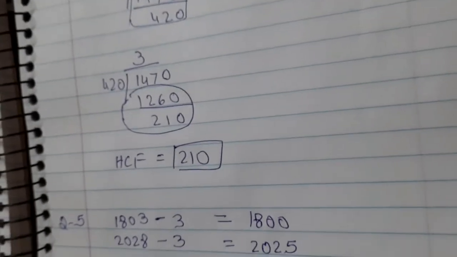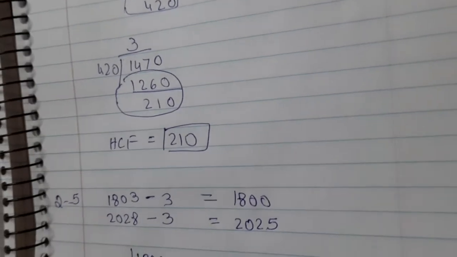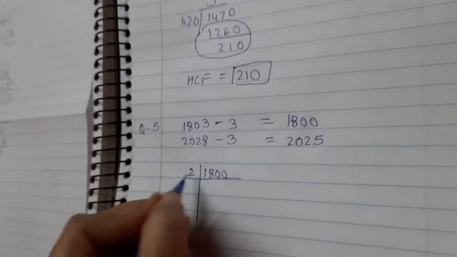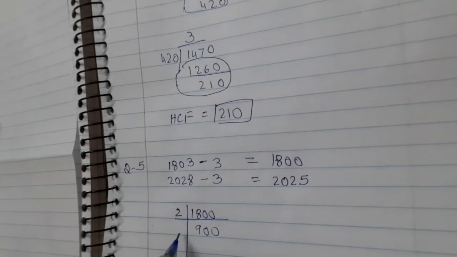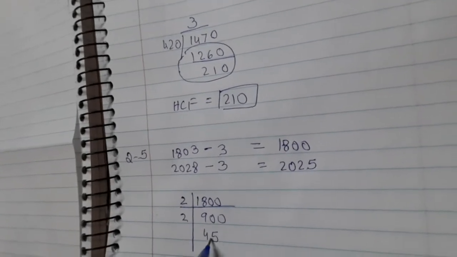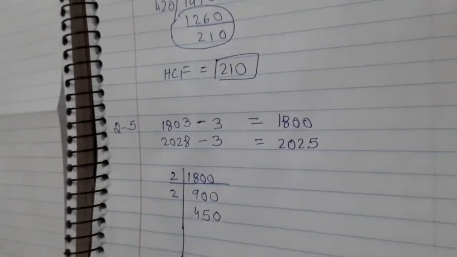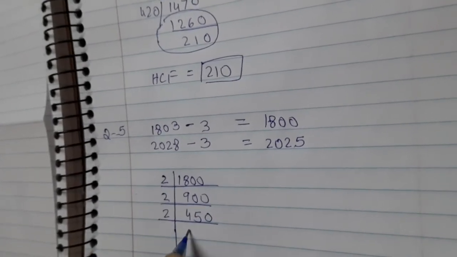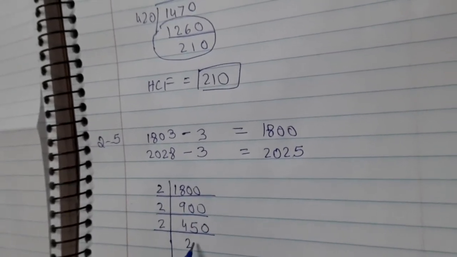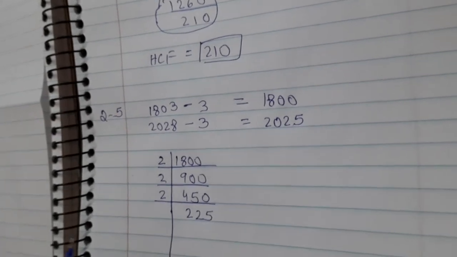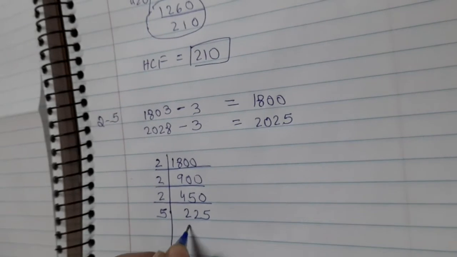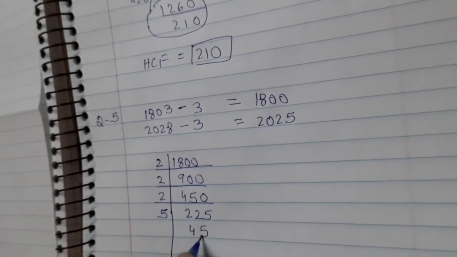Let us do the prime factorization method here. So 1800, you will start with 2. So 900, 450, 225. 5 fours are 20 and 5 fives are 25.